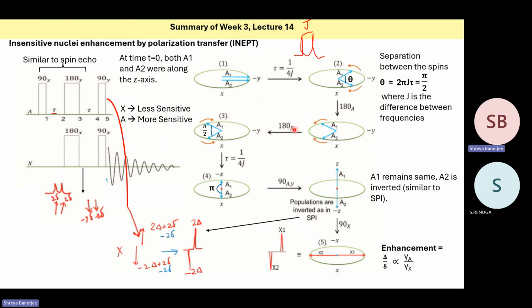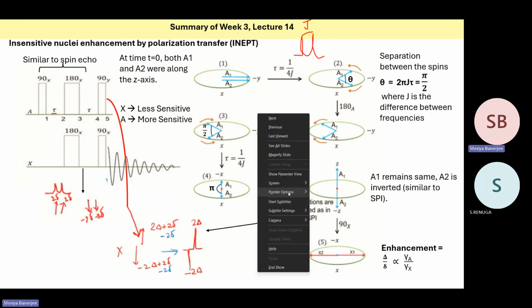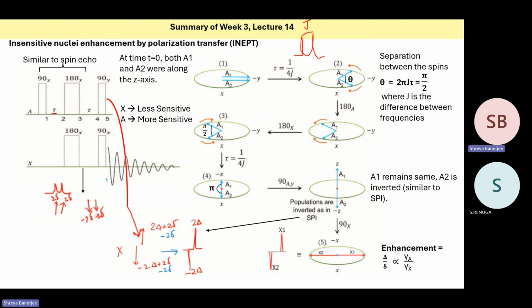So when you have 180x, what will happen is that A1 becomes A2. So this A1 is essentially A2 and this A2 becomes A1.